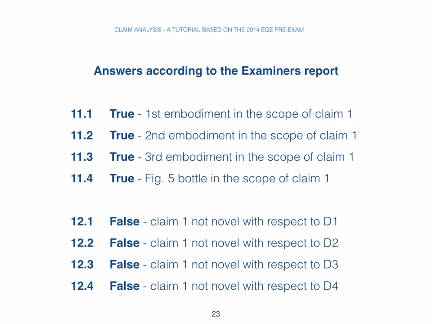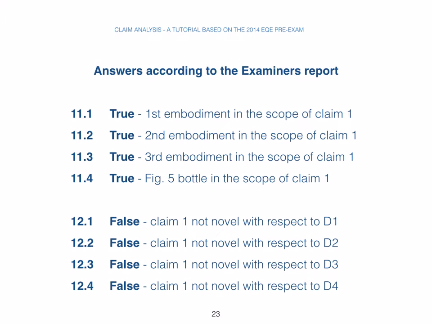The first embodiment is in the scope of claim 1. Likewise, for 11.2, the second embodiment is in the scope of claim 1. It's also true. And the third embodiment is in the scope of claim 1. It's also true. And 11.4 is also true. The figure 5 bottle is in the scope of claim 1.